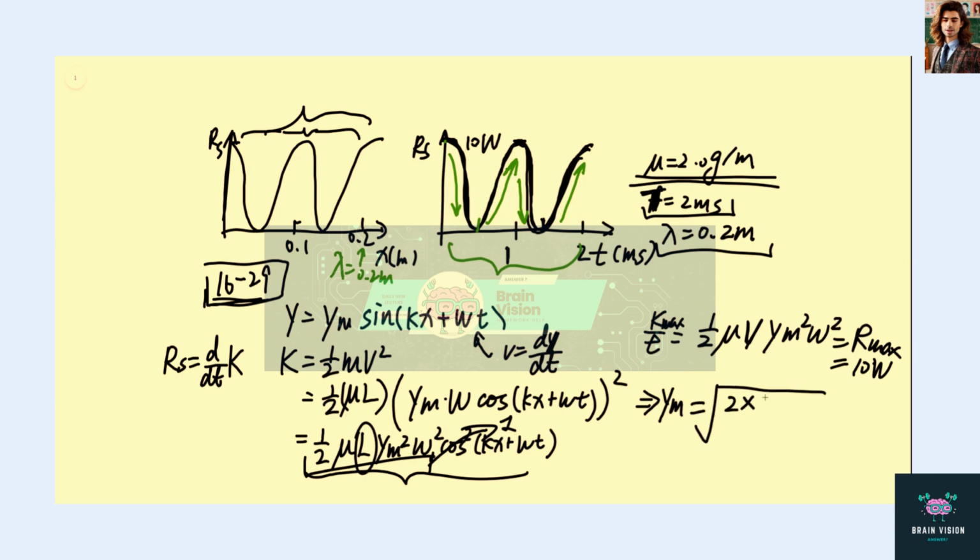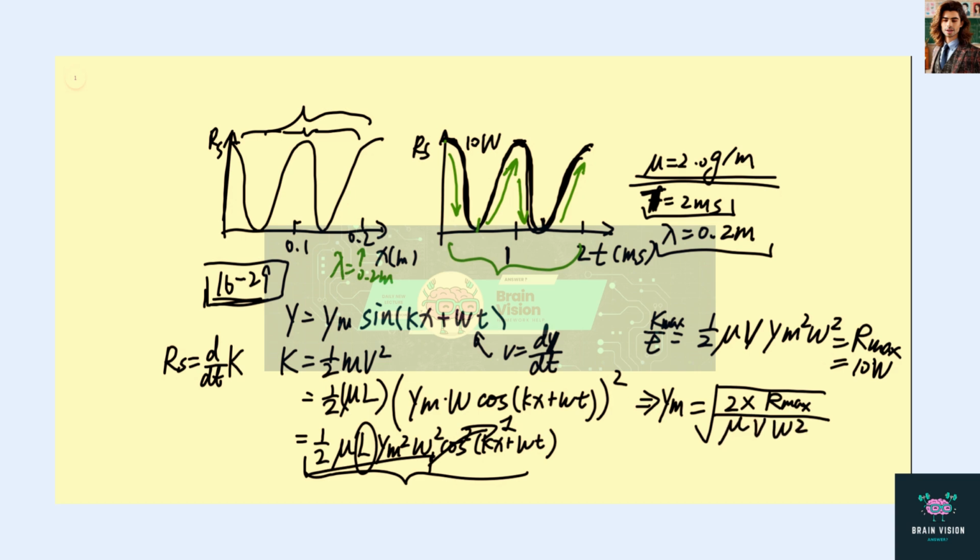y_m equals 2 times 10 watts, so actually 2 times the max rate over mu v omega squared.